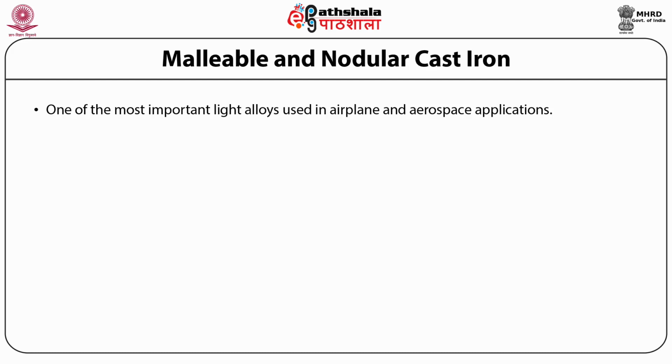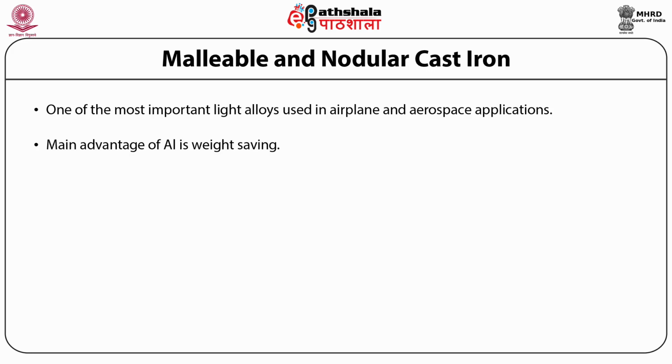It is one of the most important light alloys, extensively used in varied structural applications, especially in airplane and aerospace applications. The main advantage is the weight saving and associated fuel saving due to very high specific strength and light weight.